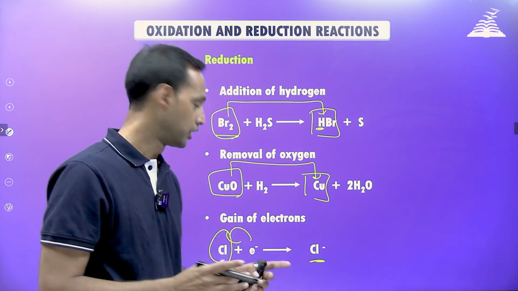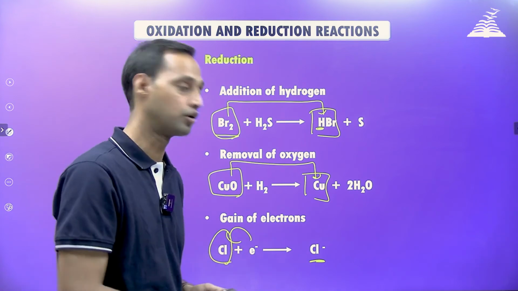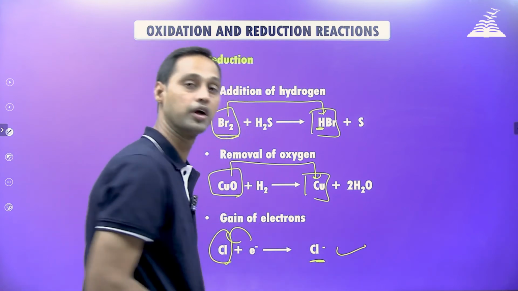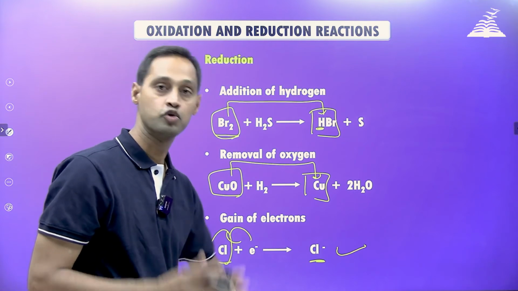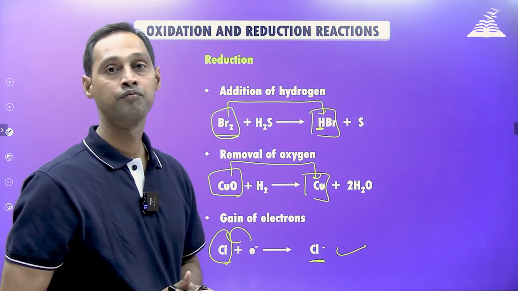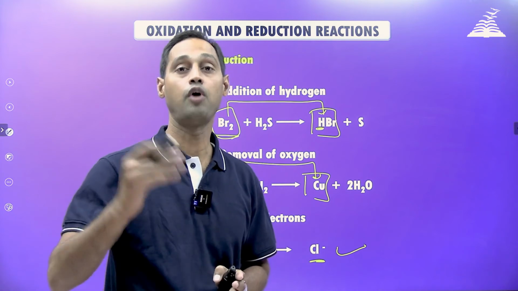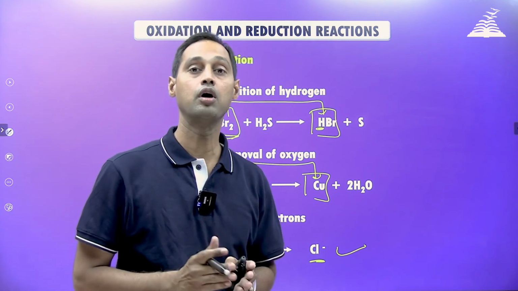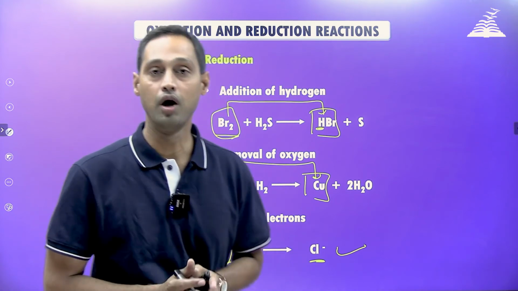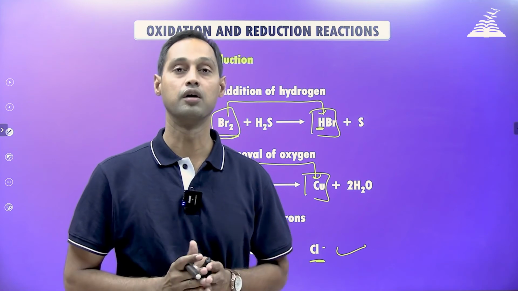Here we notice gain of electrons, so this is also a reduction reaction. So basically, reduction is either addition of hydrogen, or removal of oxygen from a substance, or gain of 1 or more electrons.